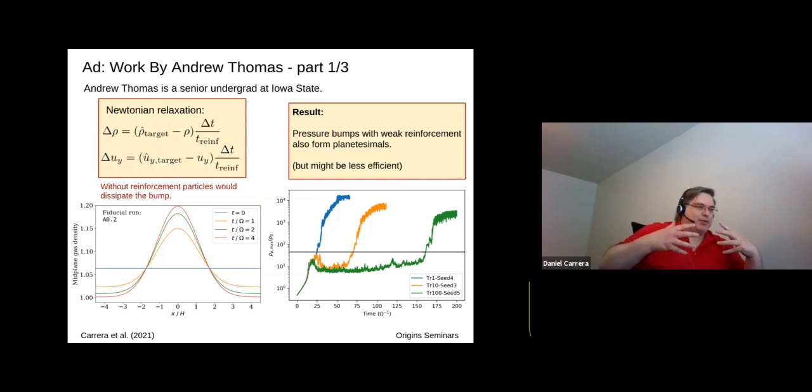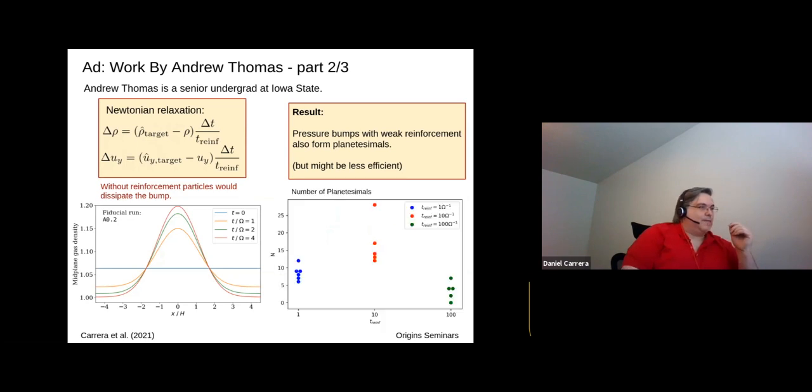The reinforcement time is the time that it takes for the bump to form. What I think is more interesting is that the maximum particle density doesn't get quite as high. That could be a hint that they might be less effective. But again, caveats: it's difficult to measure this accurately because of the way we treat gravity in the simulations. I'll show you more of that in a minute.